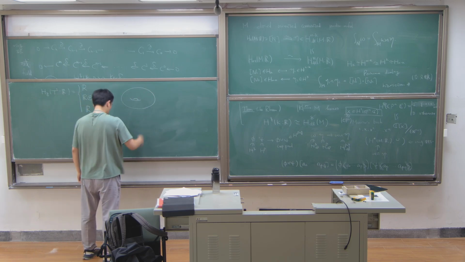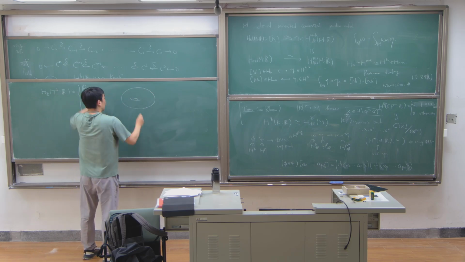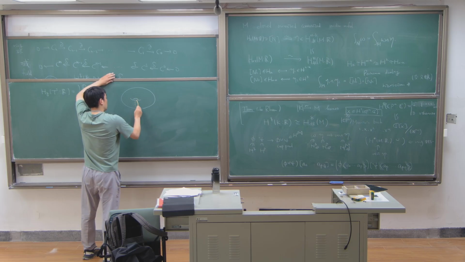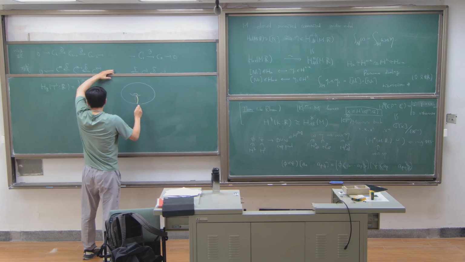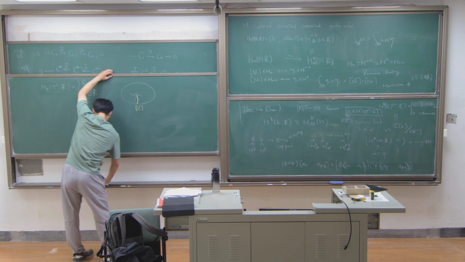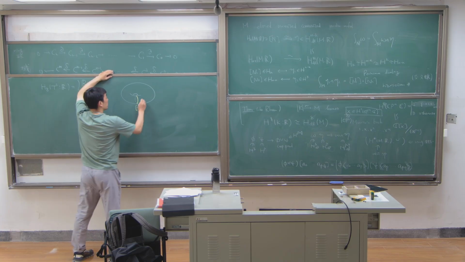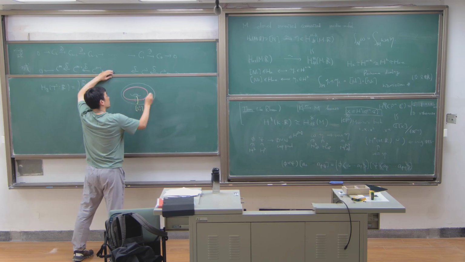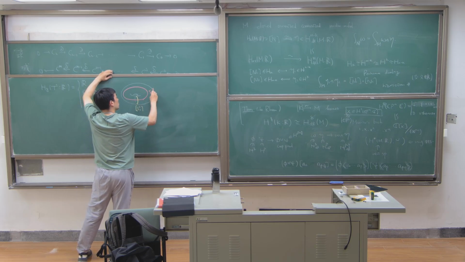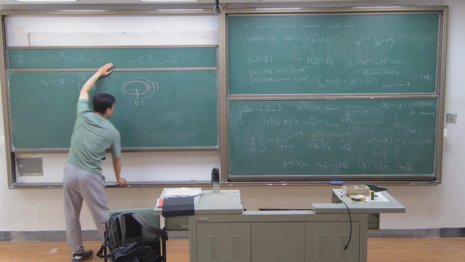Torus is like this one. So this is S1. So let's call this one S11, and then here S12.